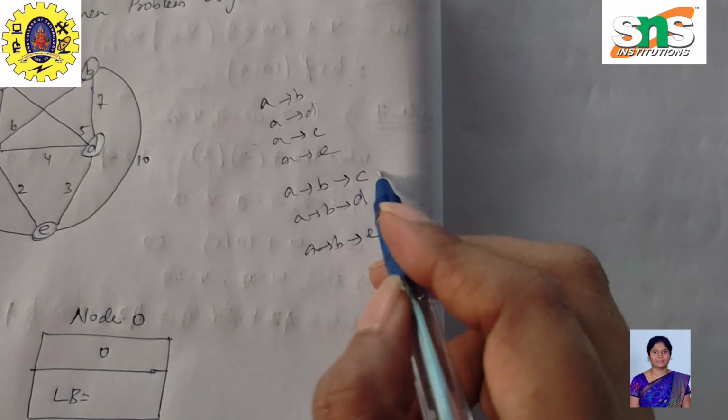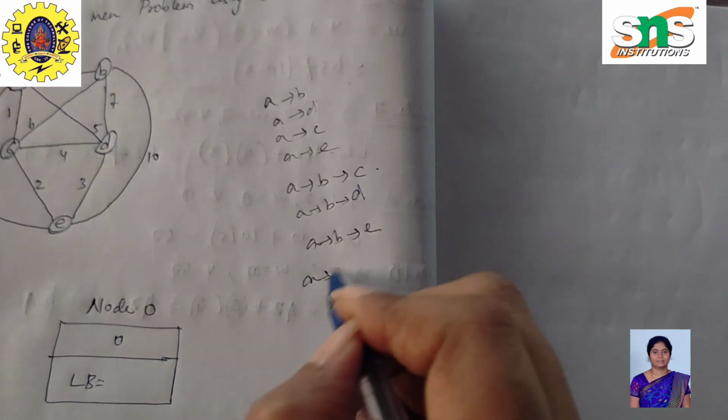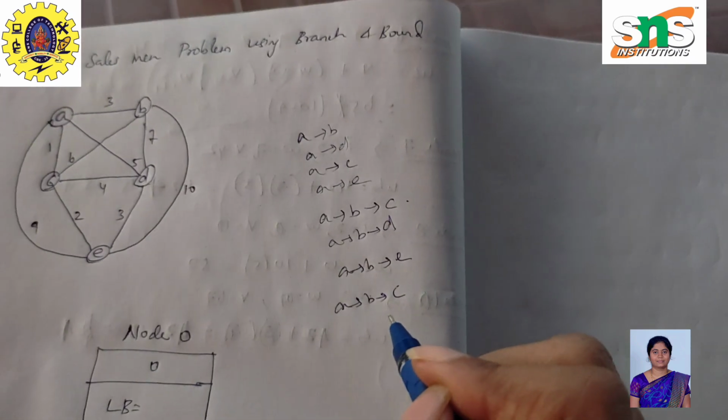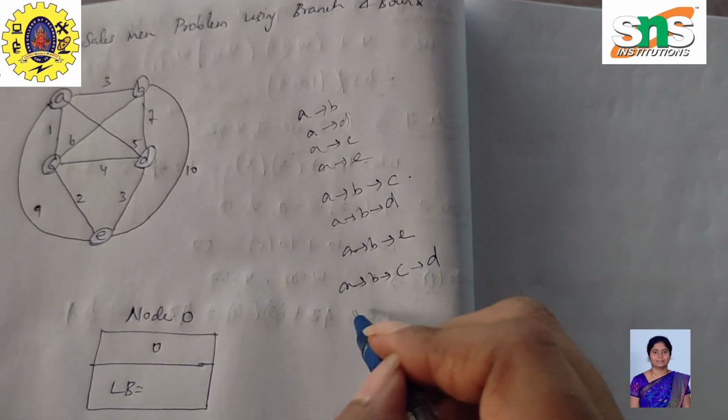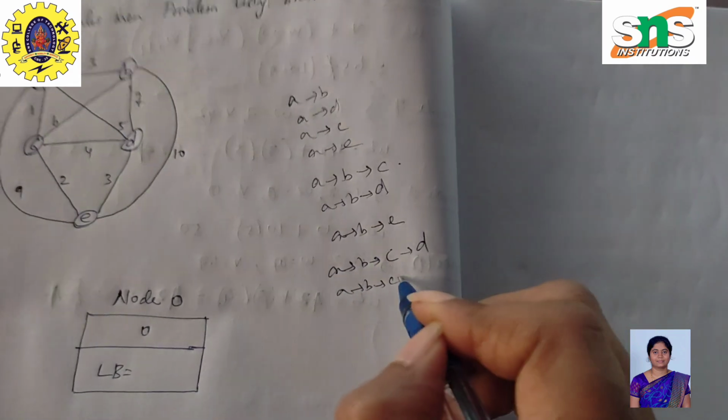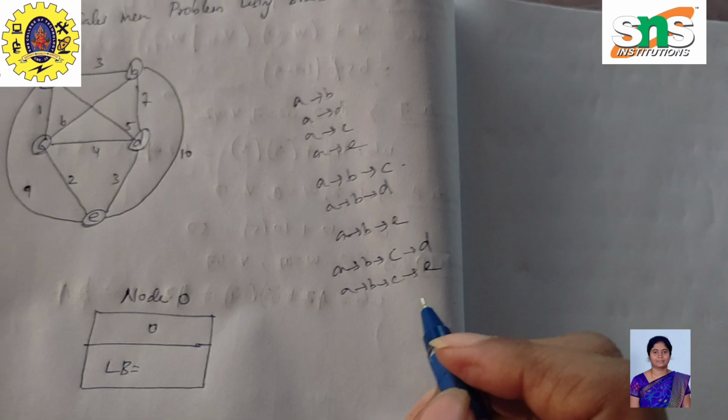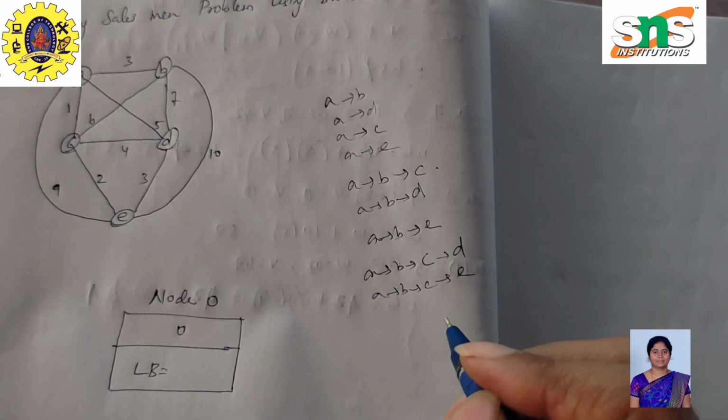So if I choose A to B, B to C, after C I can visit D, or I can visit E. So this is also a possible solution.